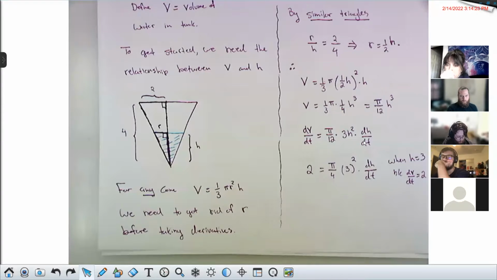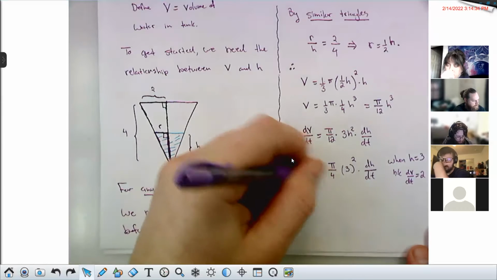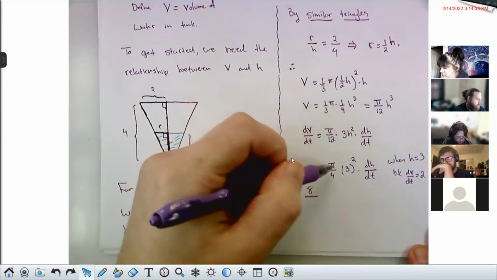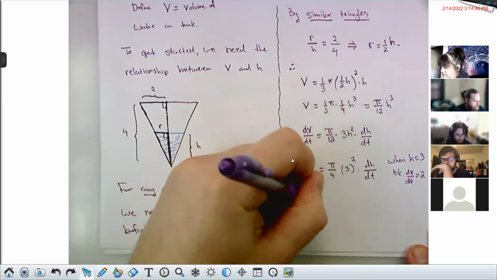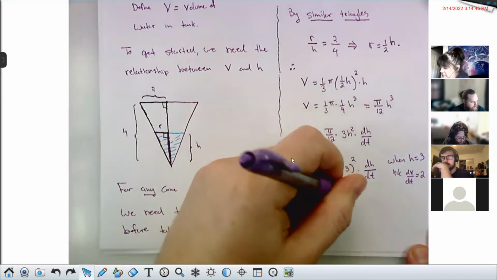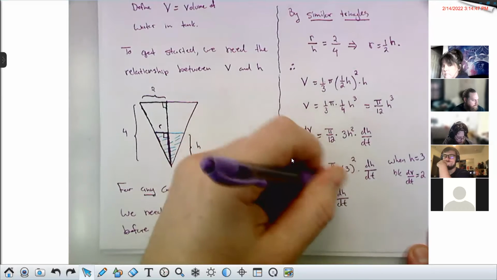And now it's just a matter of solving things, right? So this is 9 pi over 4. If I start cleaning things up here, 2 times 4 is 8. And then I'm going to divide by 9 pi. So 8 over 9 pi equals dh dt.